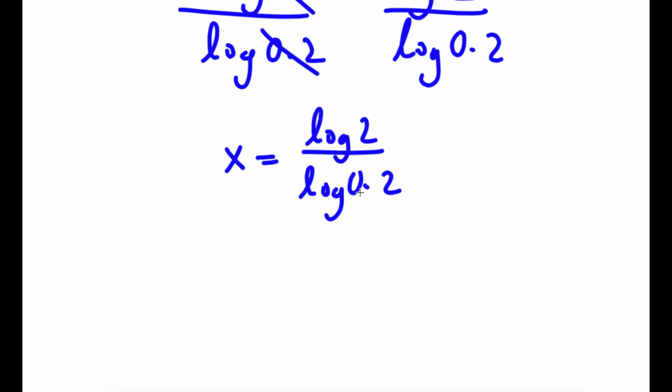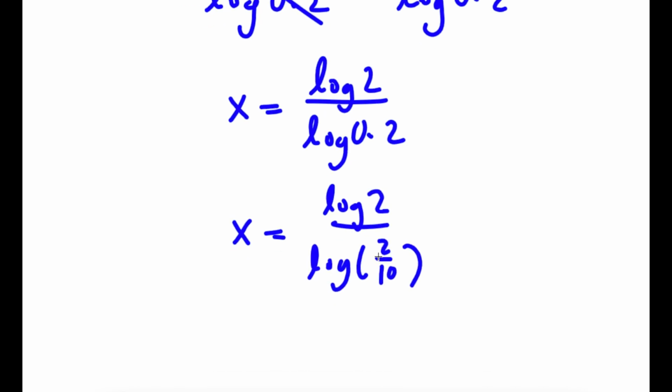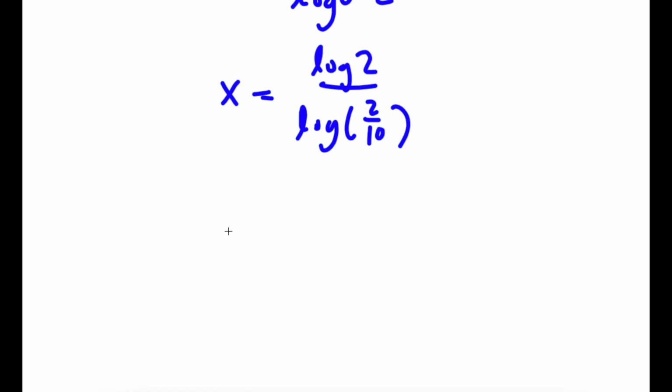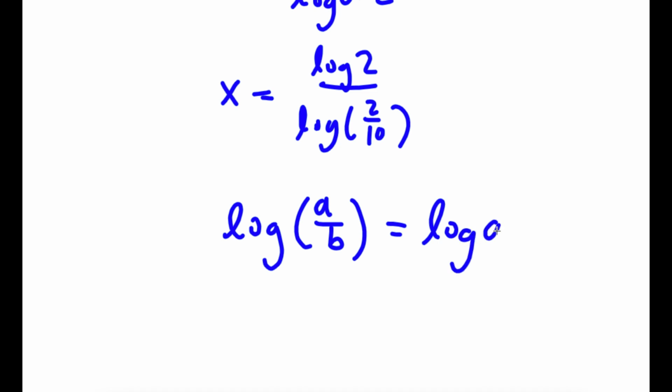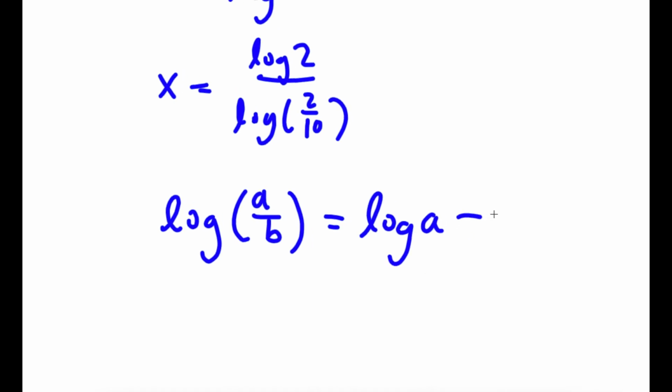Now, if you notice here, log 0.2, well, that's the same thing as log of 2 over 10. And if I have something in the form log a over b, this is simply equal to log a minus log b.